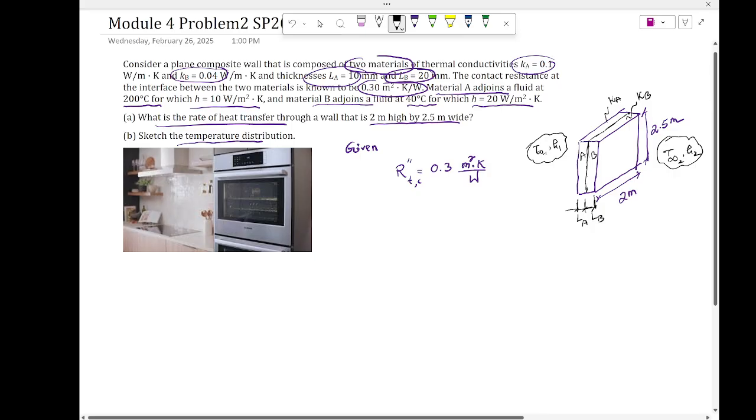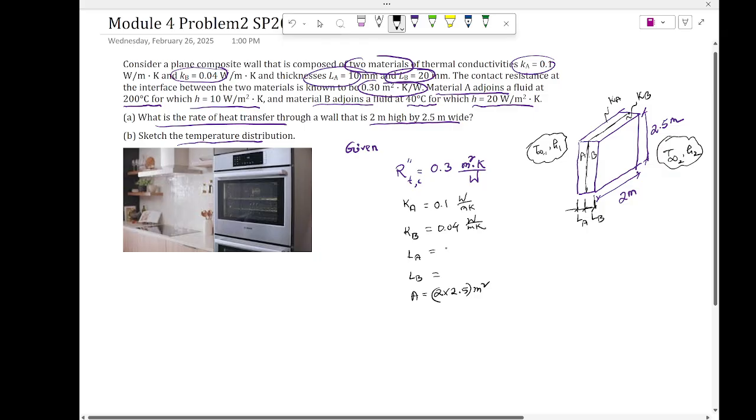All right, now I'm going to start putting in values. You are given Ka, Kb, La, Lb, and the area, which is 2 multiplied by 2.5 meters squared. So what are those values? Ka is 0.1, this is 0.04, in watts per meter Kelvin.